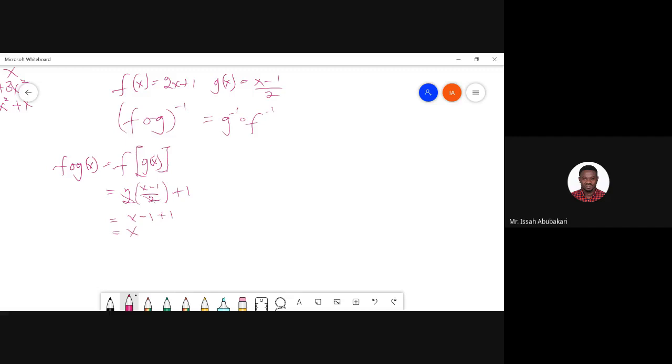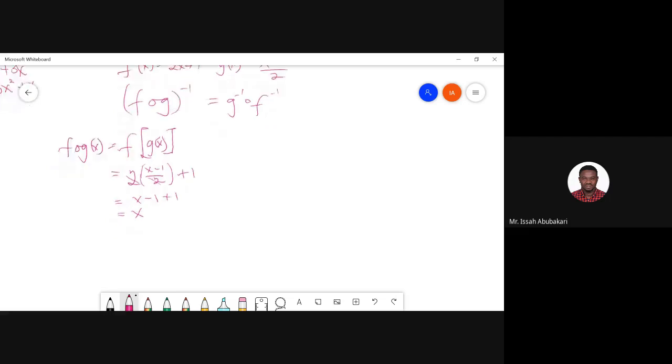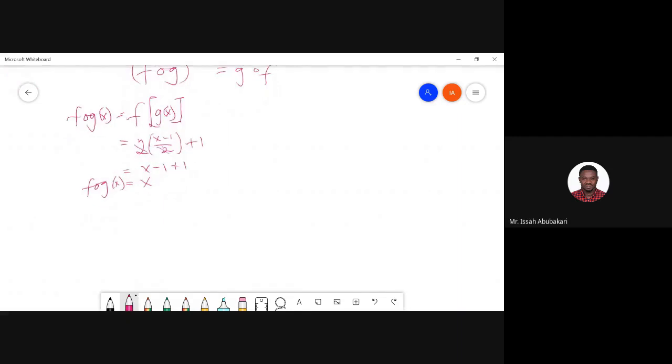Is that okay? Now let's find the inverse of x. So the inverse of x is going to be what? Now we know we have f of g of x to be equal to x, and we are finding the inverse. So let's try to go through the process. The process says that we should let f of g of x to be equal to y. So we are going to have y is equal to x, and then we interchange the value of x and y.